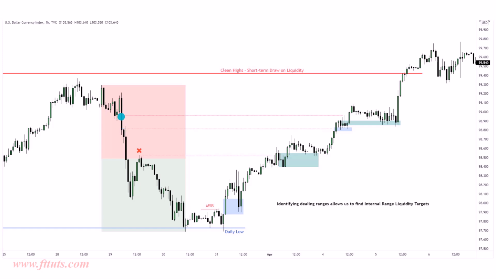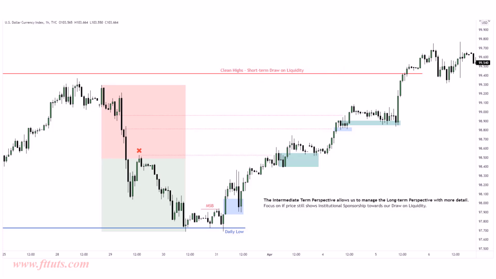Okay. The intermediate term perspective allows us to manage the long-term perspective with more detail. Okay, so if you want to know long-term if that level is going to hold and if price is going to continue to draw towards the drawn liquidity, we can manage that on the intermediate term perspective.